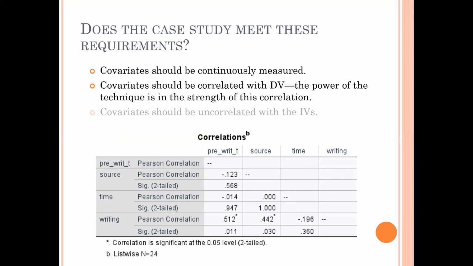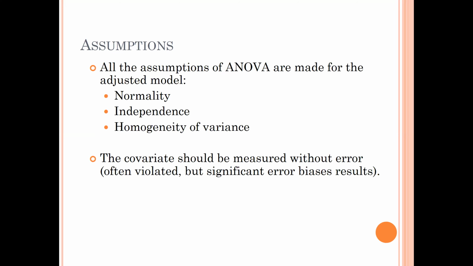The covariate should not be correlated with the independent variables, and the pre-writing score has a correlation of negative 0.12, non-significant, with the source, and negative 0.01, non-significant, with feedback timing. So we've got all the requirements for the use of this covariate in our analyses.